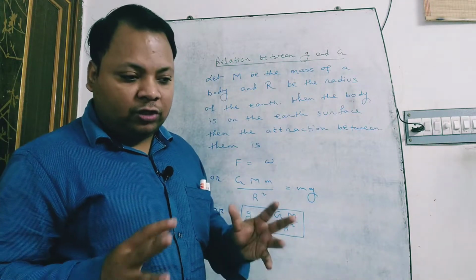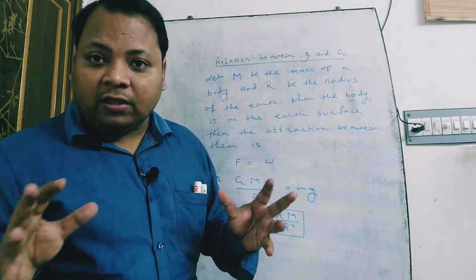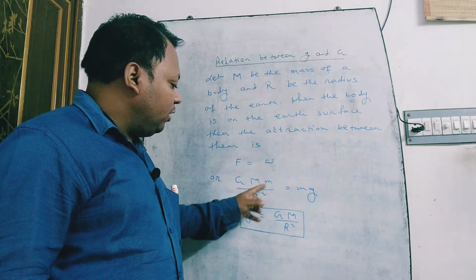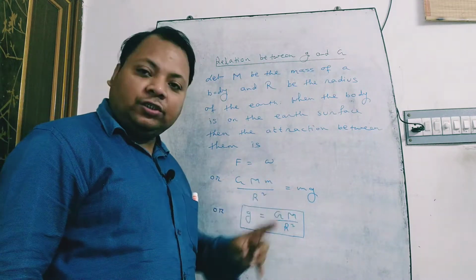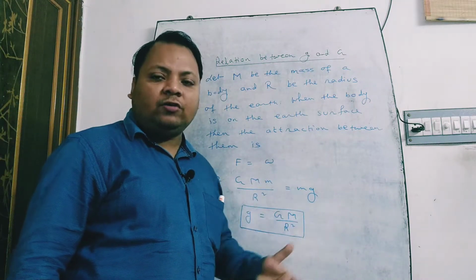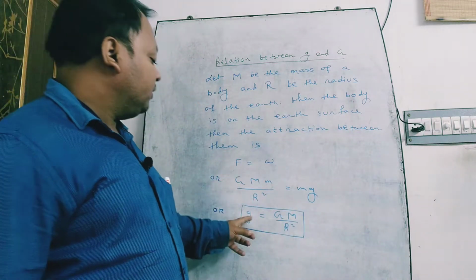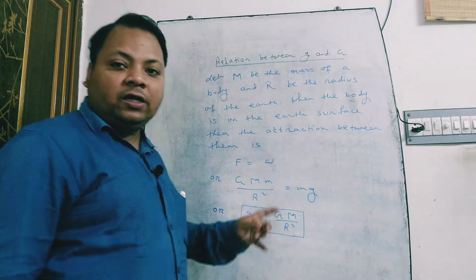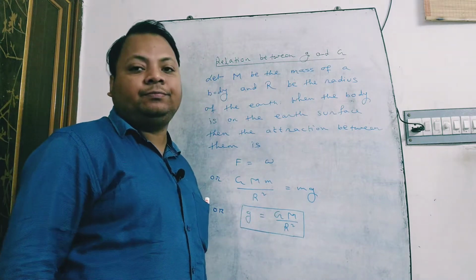Therefore, capital G, capital M, small m by capital R square is equal to m into g. This gives small g is equal to capital G, capital M by R square. This is the relation between small g and capital G.